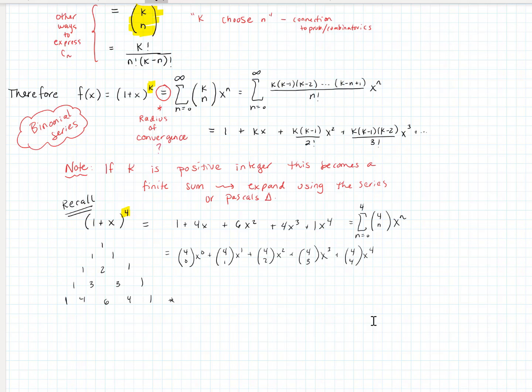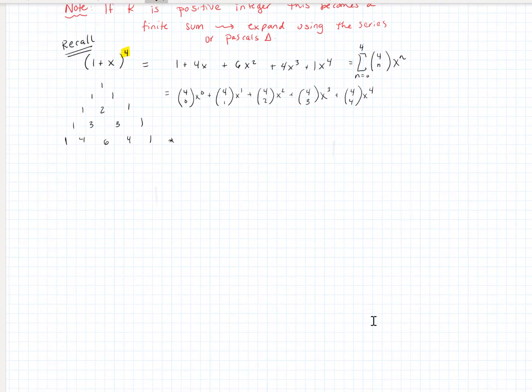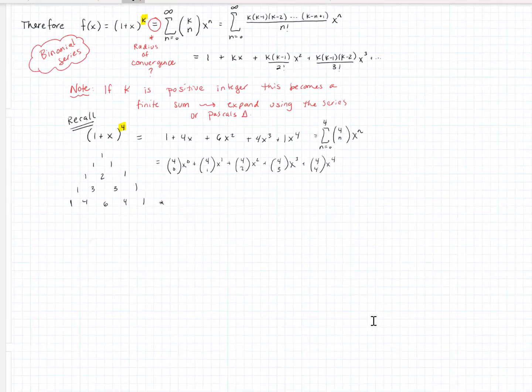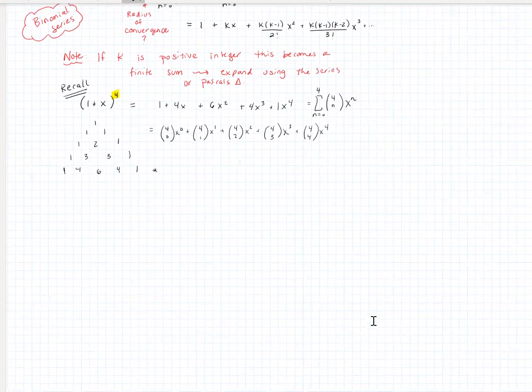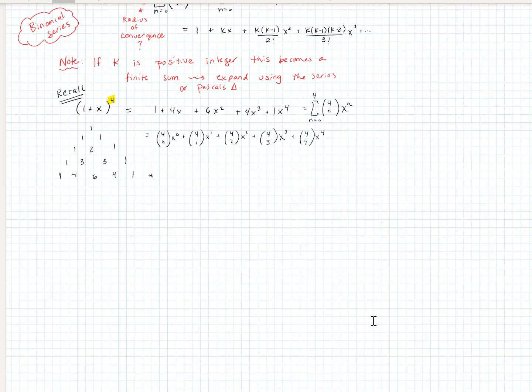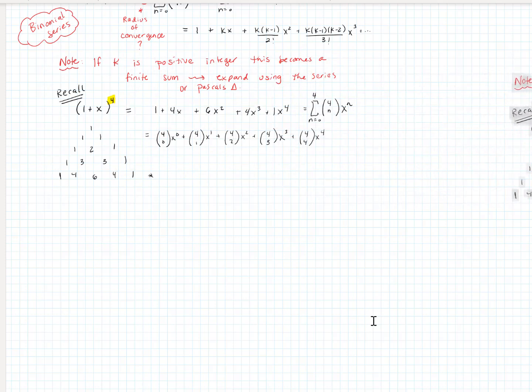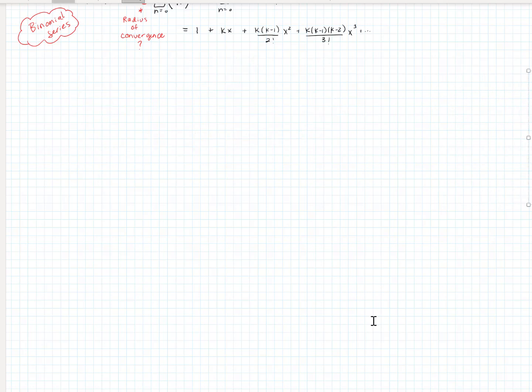So let's come back here. I have that little side note here, and I'm going to move that off to the side. And let's find the radius of convergence. So if this is our binomial series, what is its radius of convergence?